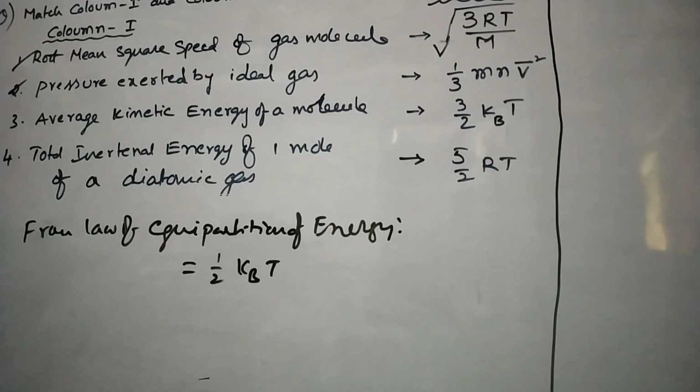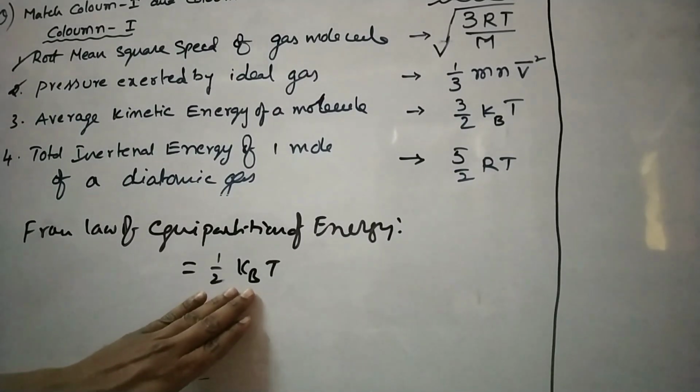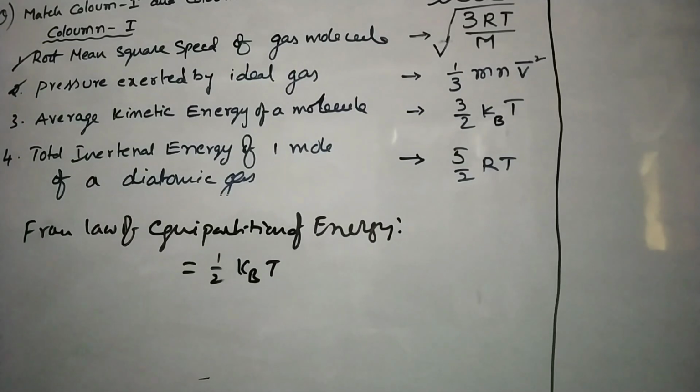So for each degree of freedom, in translatory and rotational motion, each molecule contributes this amount of energy. For example, take a monoatomic gas. A monoatomic gas has 3 degrees of freedom, because the particle is free to move three-dimensionally in space.